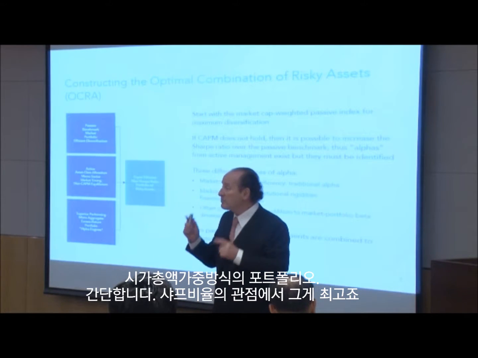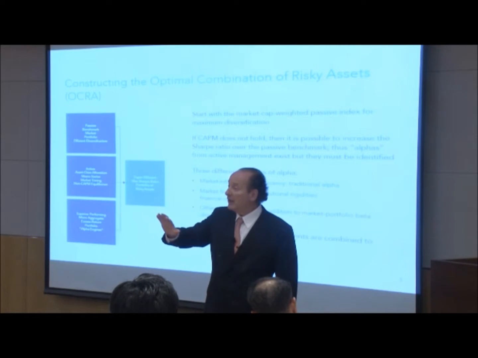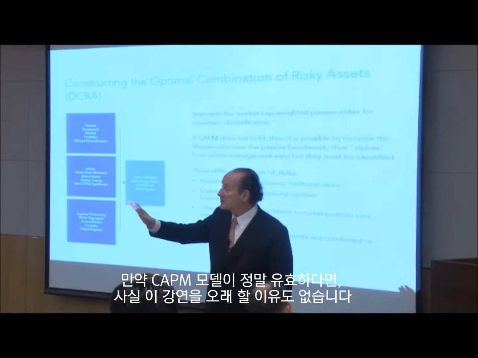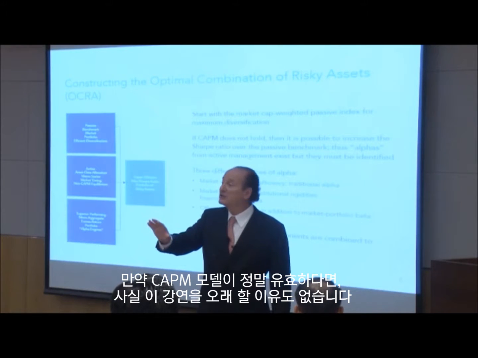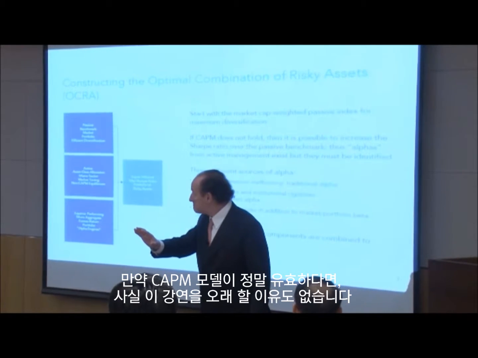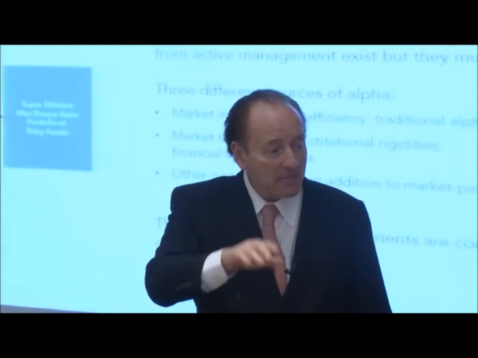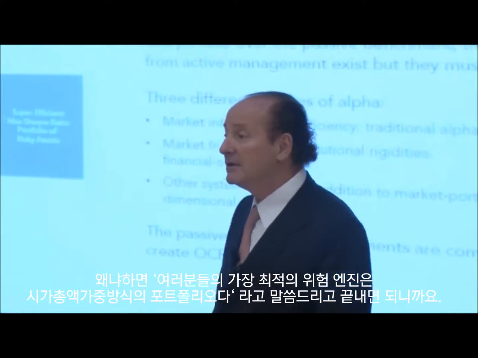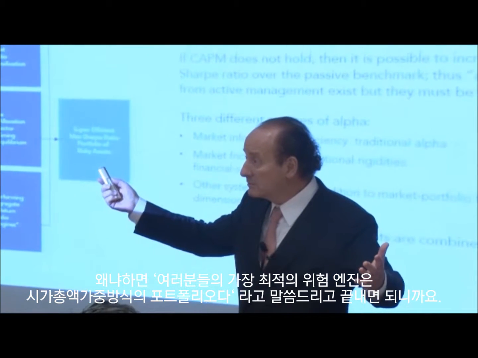Specifically, that's the best in terms of the best Sharpe ratio. If the capital asset pricing model were good enough, this lecture would be very short, because I would say the best risk engine is a whole cap-weighted portfolio.